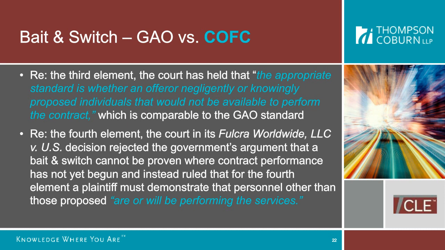And the GAO and the court make it clear that there's nothing improper about an awardee seeking to hire incumbent personnel or posting job openings. In addition, where there's no evidence that the offeror proposed personnel it didn't expect to actually use, the number of substitutions of key personnel by itself doesn't provide a basis to sustain a bait and switch.